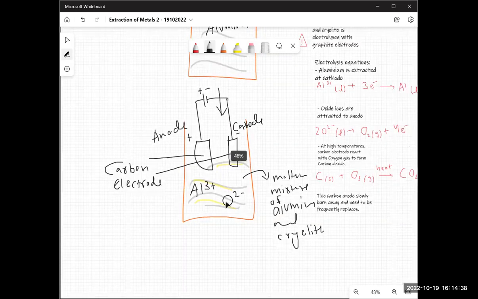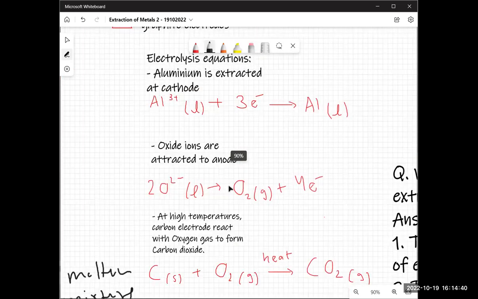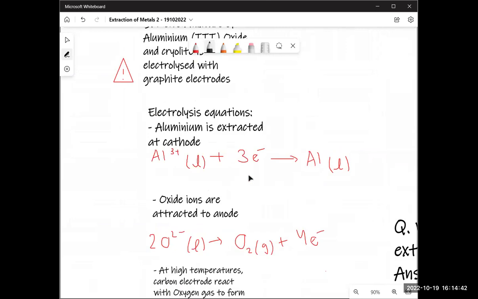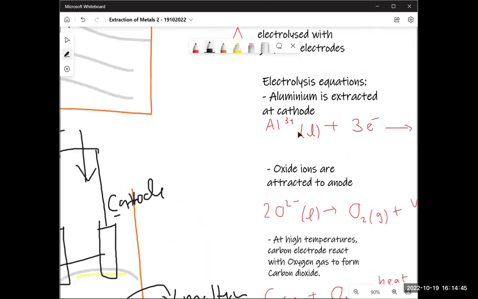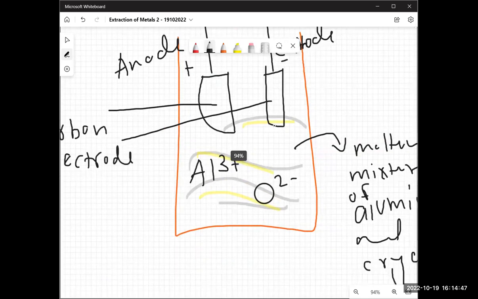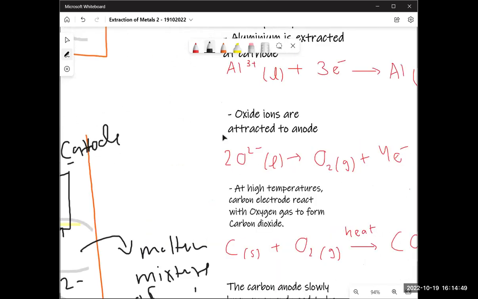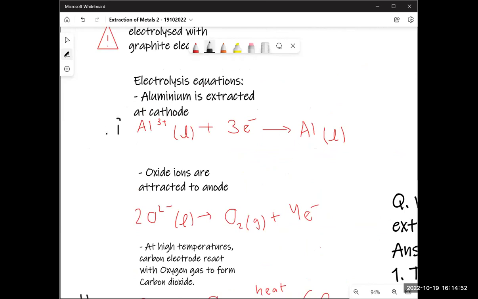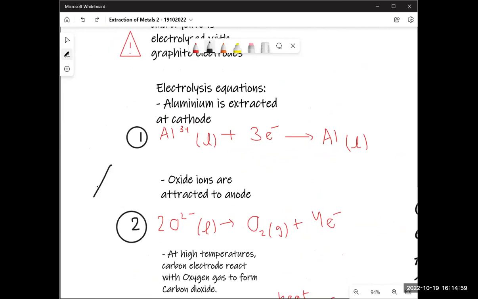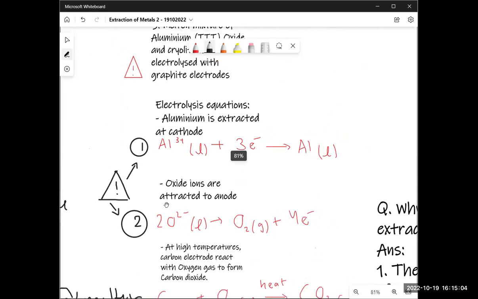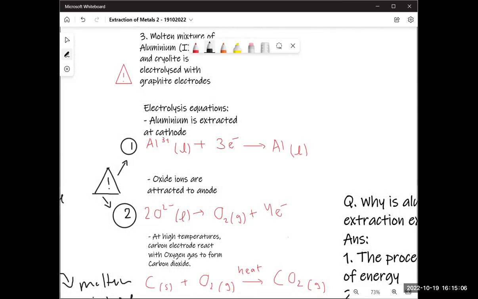That gets us to the final equations. Aluminium is extracted at the cathode. We know that because the aluminium goes to the cathode and O2- goes to the anode. So we get these two equations, equation 1 and equation 2. These are the main equations. Very important.